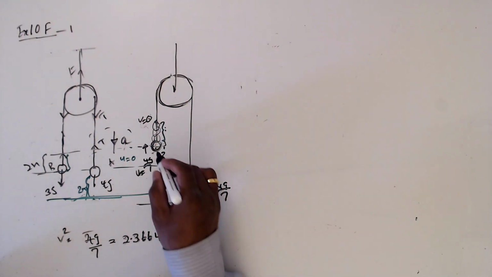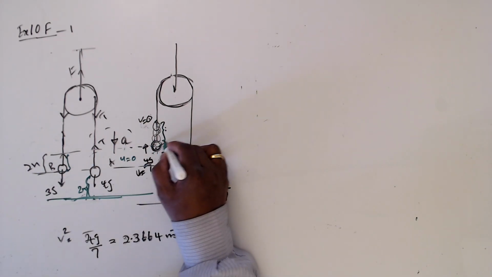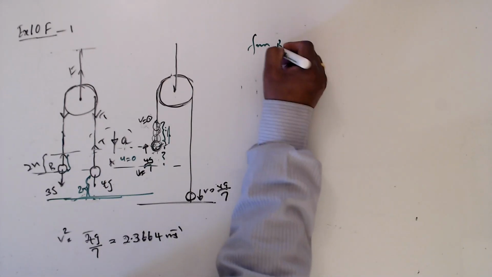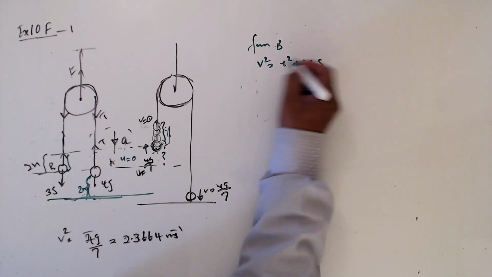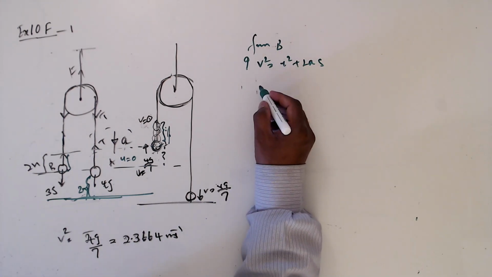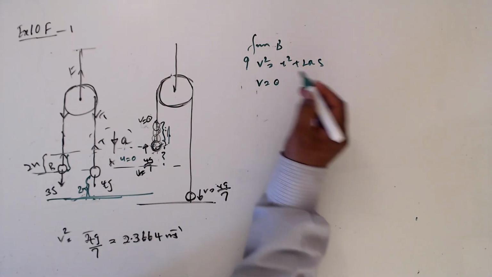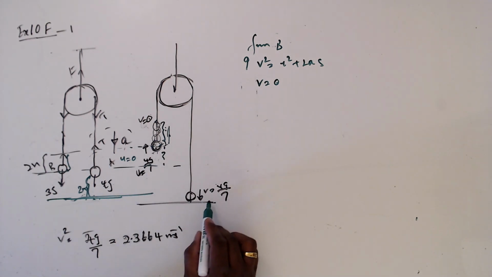Then for part B, upward, I am going to put for this journey: V squared equals U squared plus 2AS, upward. Now we know that V is 0 and U is the starting one, which is the hitting one.